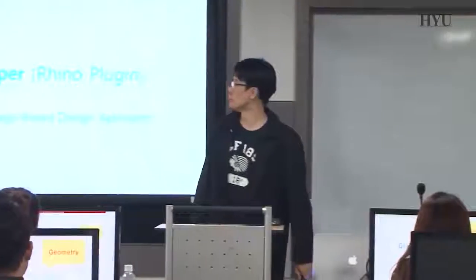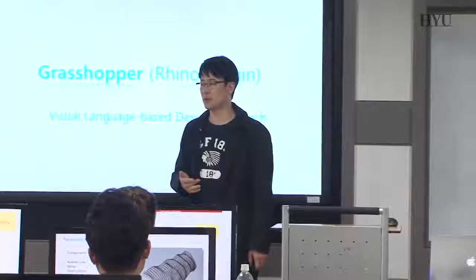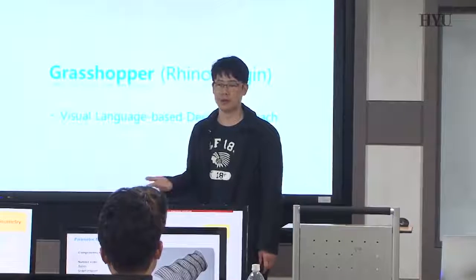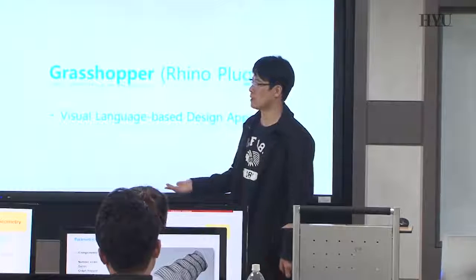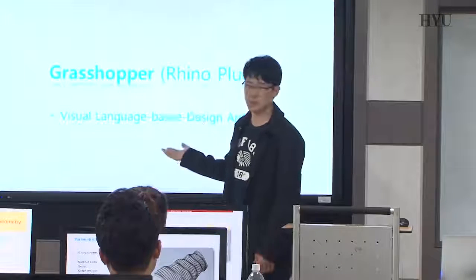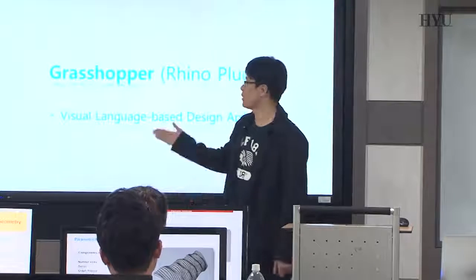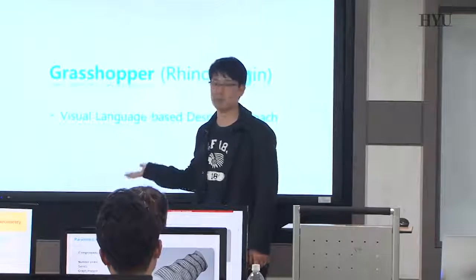Representatively, there is Grasshopper. Okay, you may have heard about Grasshopper a lot, and you may think, should I learn Grasshopper or should I need to use Grasshopper? I think you don't. Okay, you need to learn Dynamo.